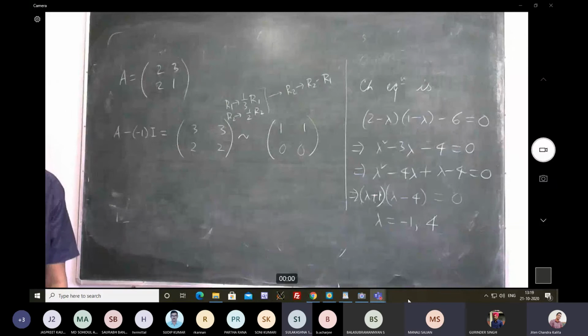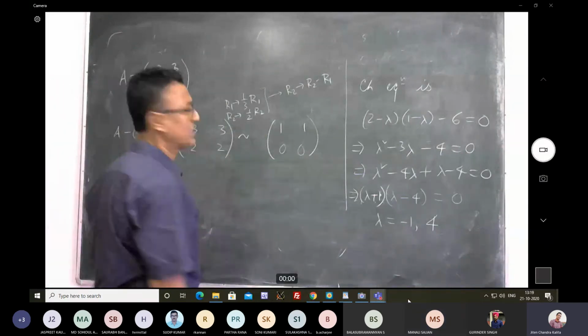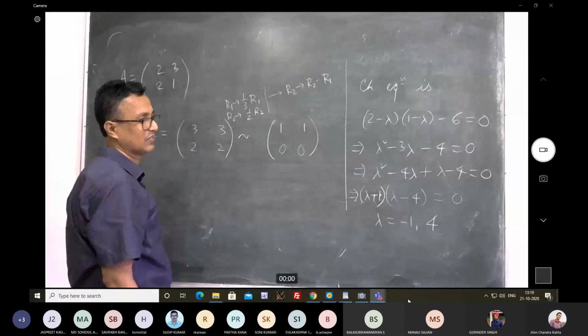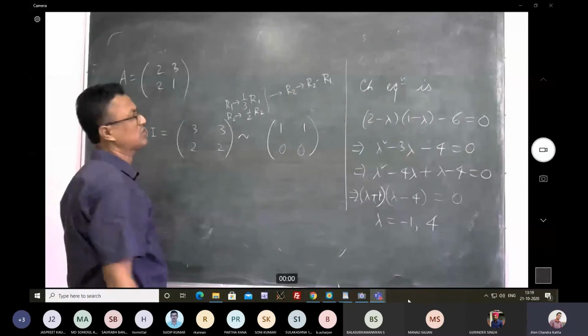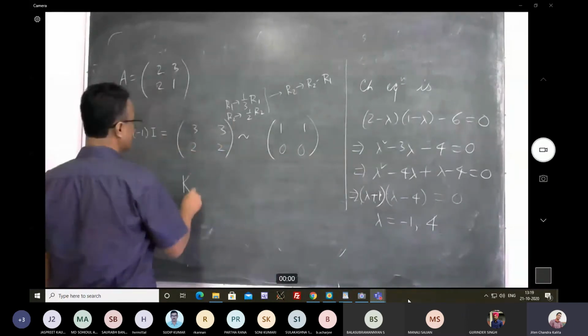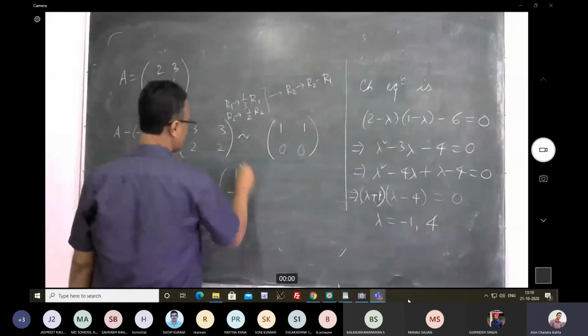Yes, sir. Okay. So finally, you know what is the corresponding eigenvector? 1, minus 1, simplest. So that means the first one, K1 is 1, minus 1.